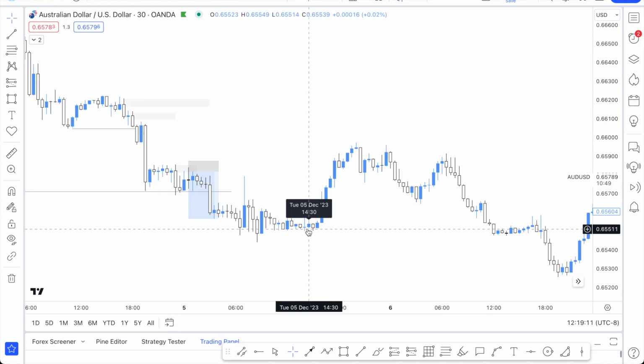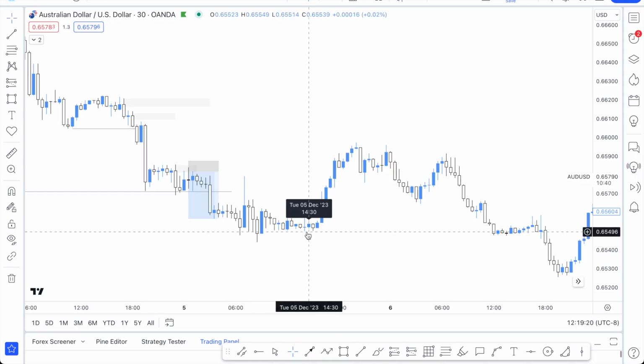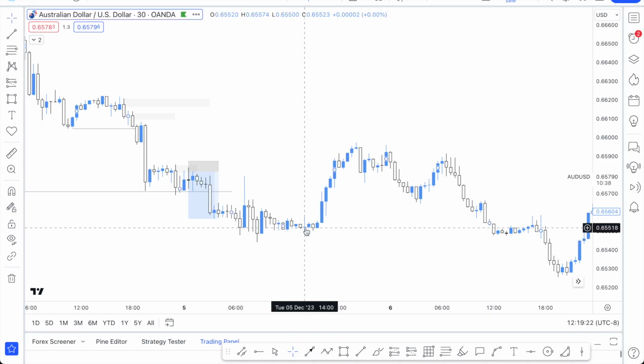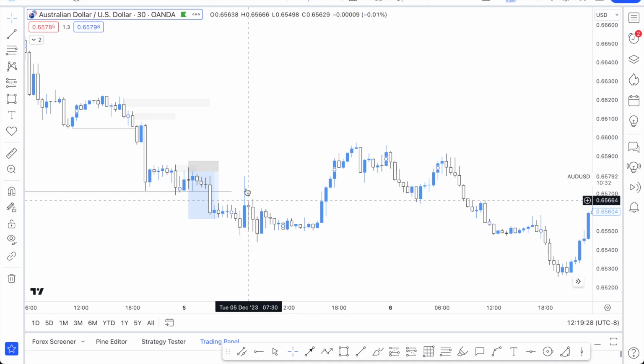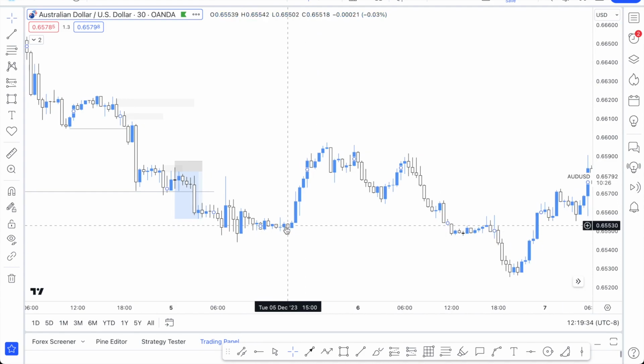Okay, it's right here. So look at that. So sometimes, like I mentioned, there is news like this, GDP, which looks effective, right? It's not. It doesn't move anything, right? So it'll move just a little bit, but it won't move as aggressive as this. This is the other news that we're looking at right there, right? But this here is nothing.